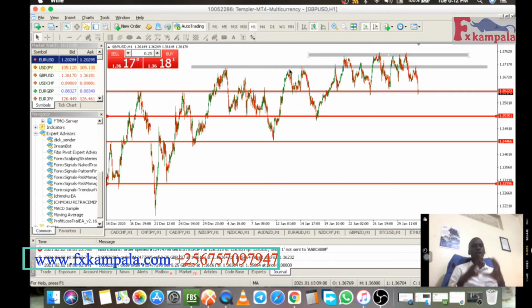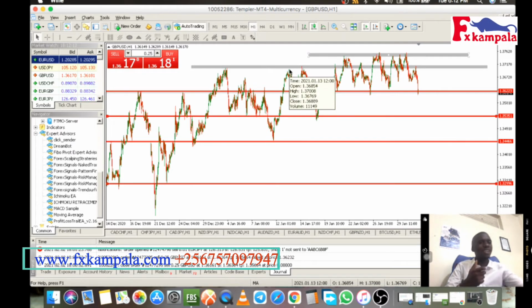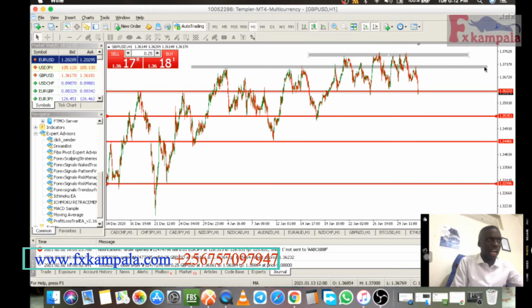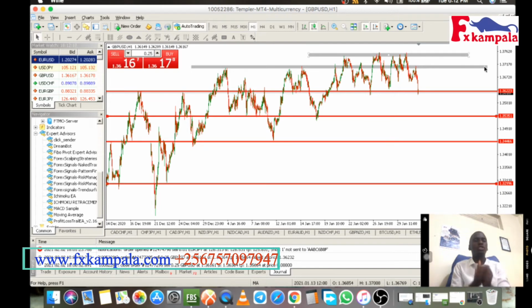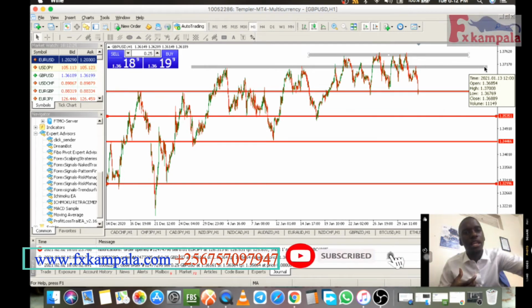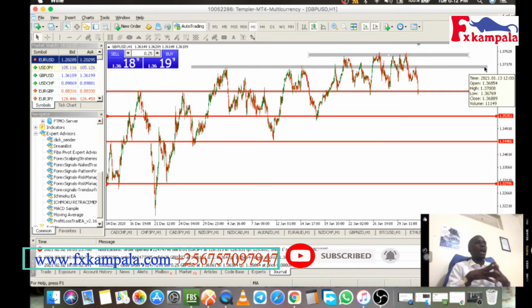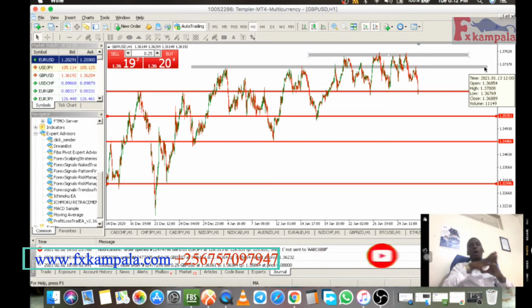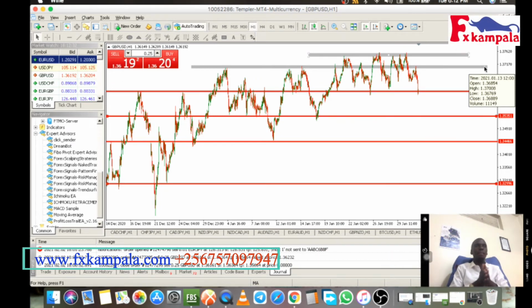Again, when you're drawing this resistance, make sure you bring it to the future, because the reason we analyze the future is to determine the future price movement. The reason we analyze our past or our history is to be in a position to project what is expected to happen in the near future.